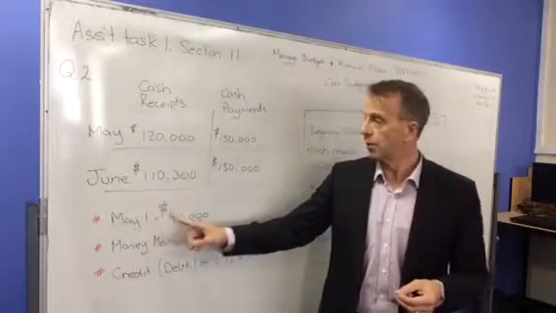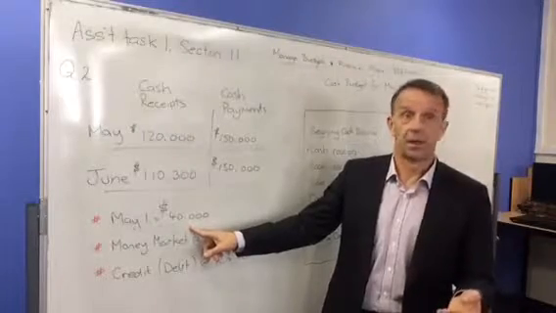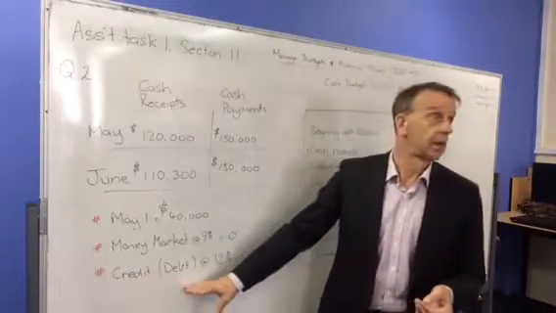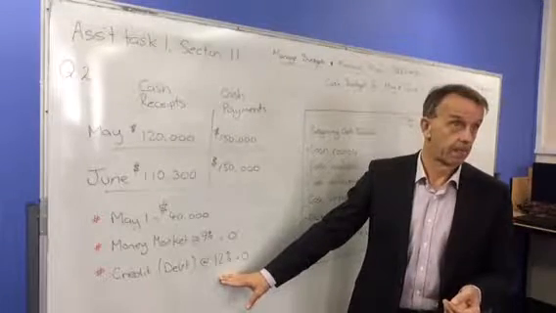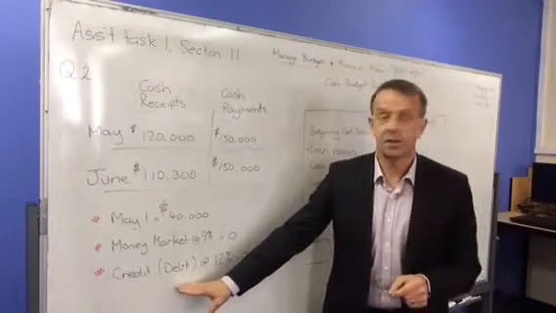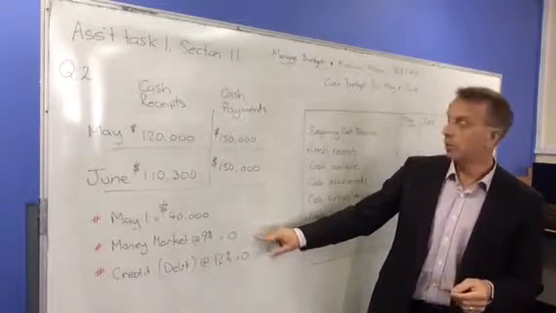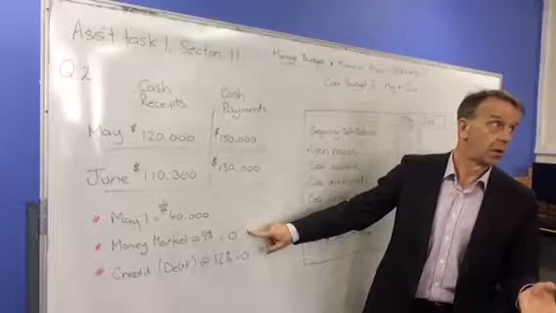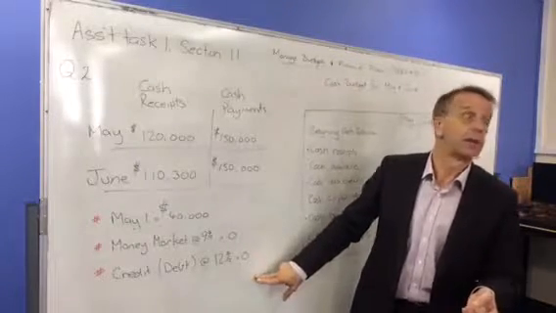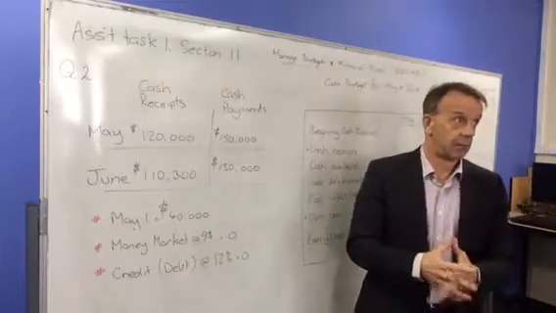So if they're short or have a deficiency in their cash, they can borrow money at 12% interest. Particularly this will be important as you go through this task. At the beginning of the month, they've got no money invested earning 9%, and they've got no debt. So 0 and 0 in relation to starting at the May period.